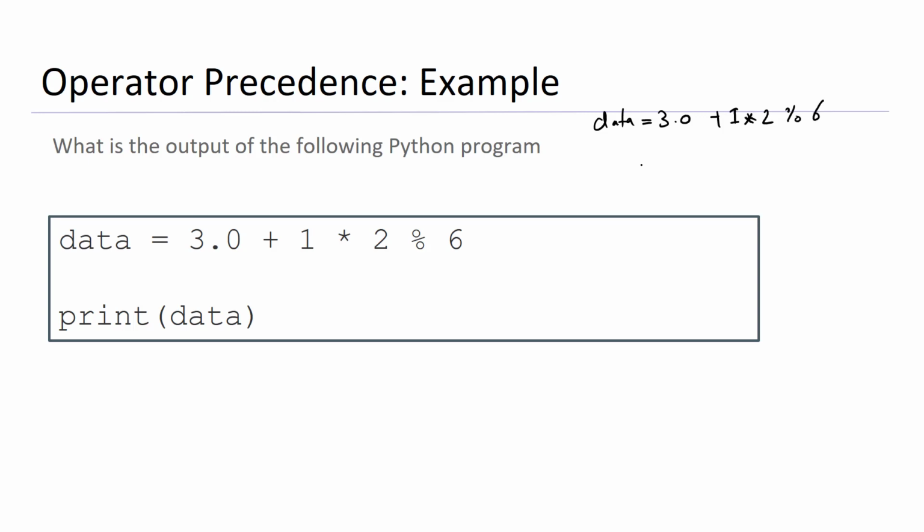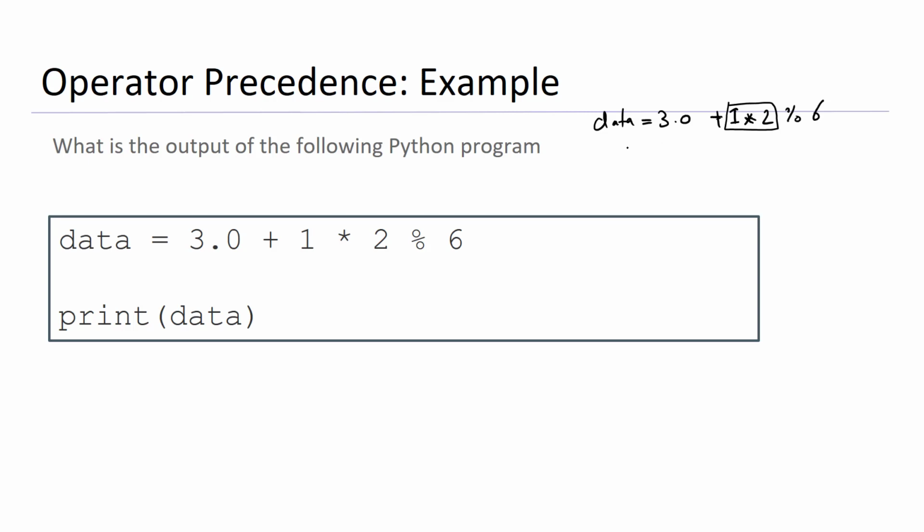We know from the operator precedence table that the first thing that gets executed in here is the multiplication operator, because the plus has lower precedence. So Python evaluates that part over there.